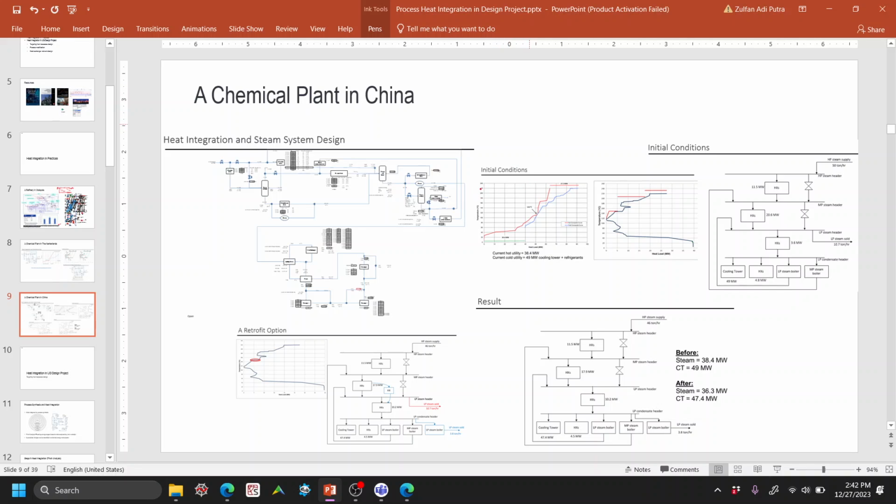For one plant, this is the temperature profile, right? So temperature, and this is the heat profile, and then if we double the plant, the temperature profile will be the same, right? I mean, if we want to increase the temperature from 30 to 100, if the capacity is double, the temperature profile is still the same, 30 to 100.